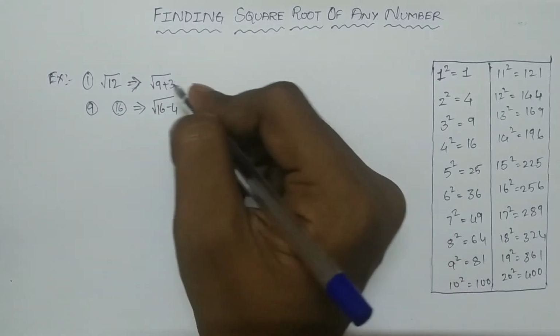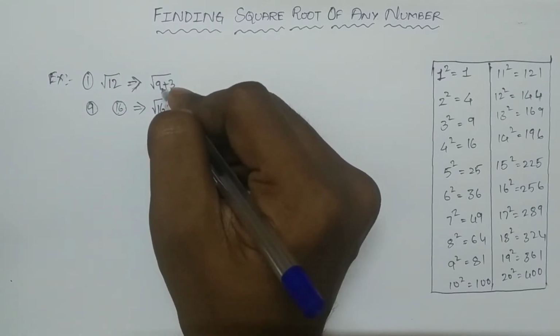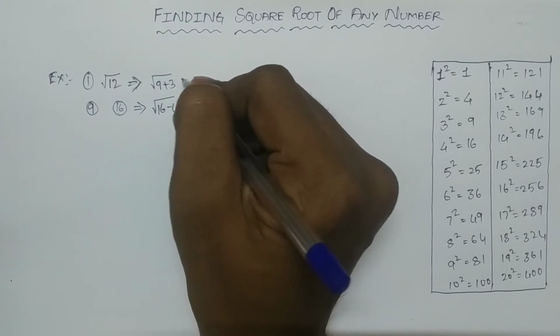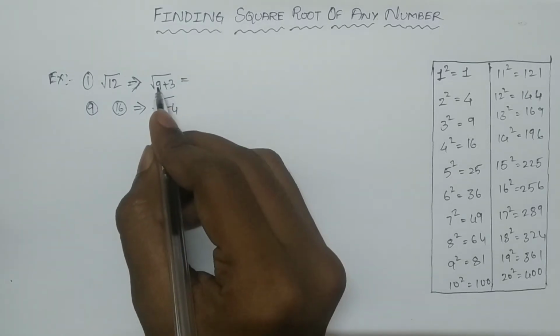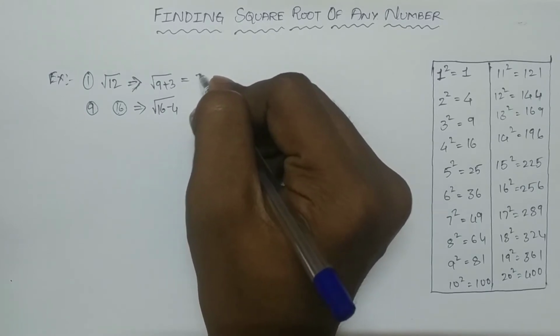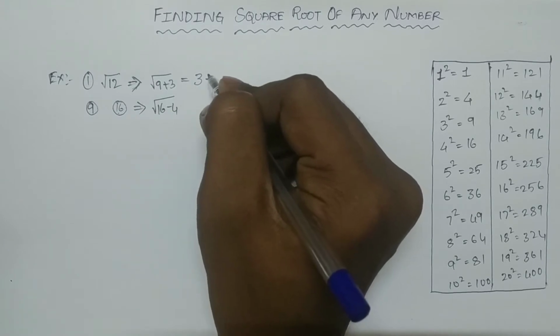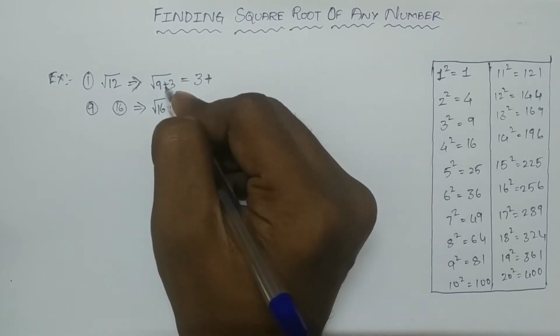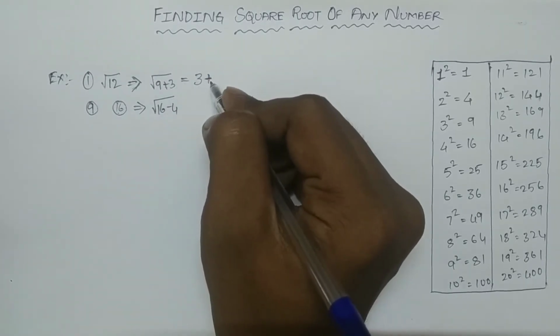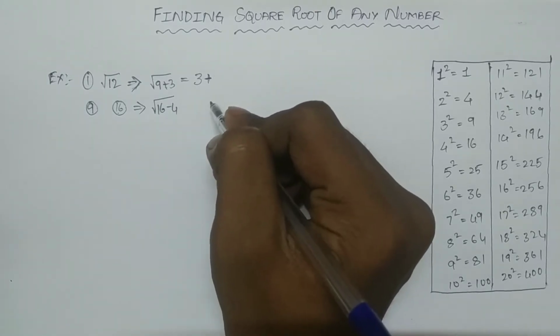If it is in the form of a plus b, I am writing here the square root of 9, which is 3. So first we write 3 here, then if the sign is plus, we place plus, or if there is a minus, we place minus.